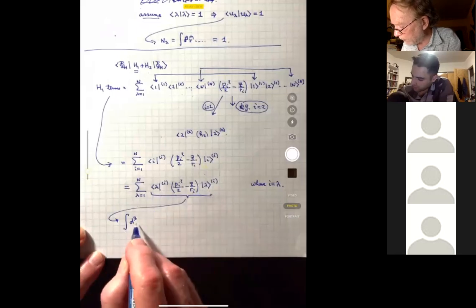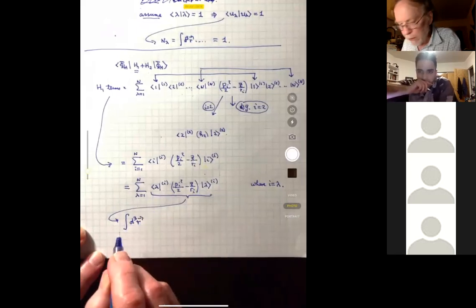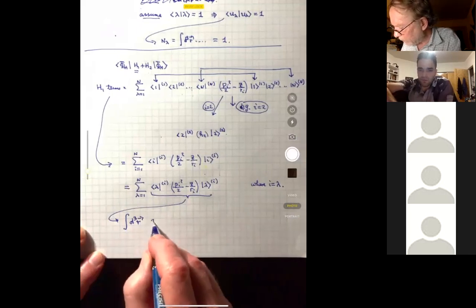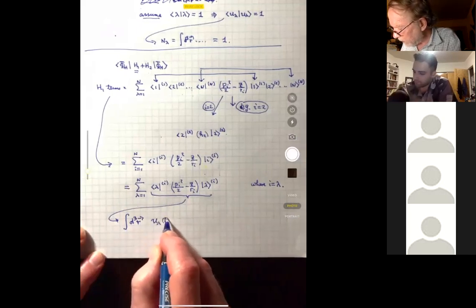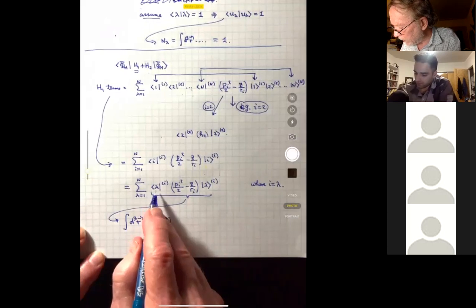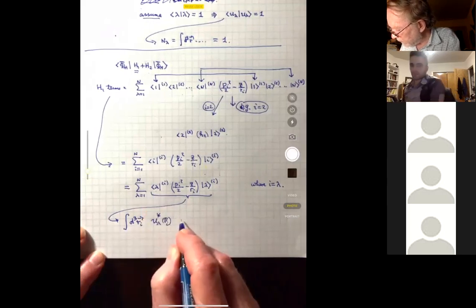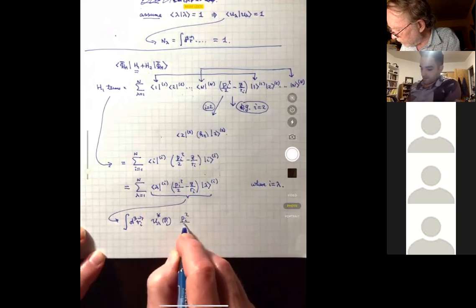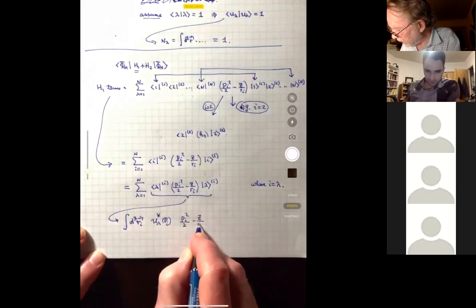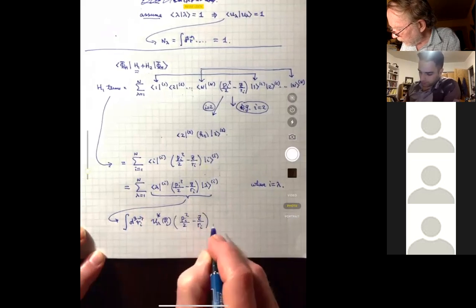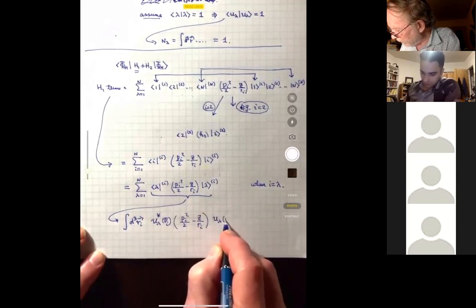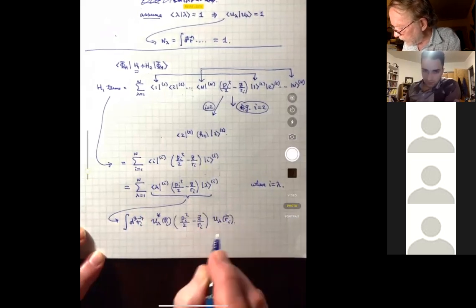It's an integral over position r. We have u_lambda of r complex conjugate coming from this bra here. This is r_i here. Then we have p_i squared over 2 minus Z over r_i as the operator in the middle. And then we have the wave function u_lambda of r_i on the right. Okay, that's just what it is.